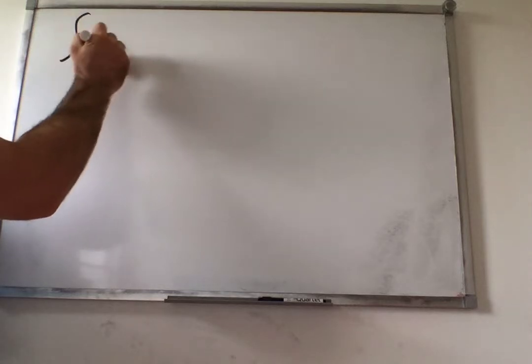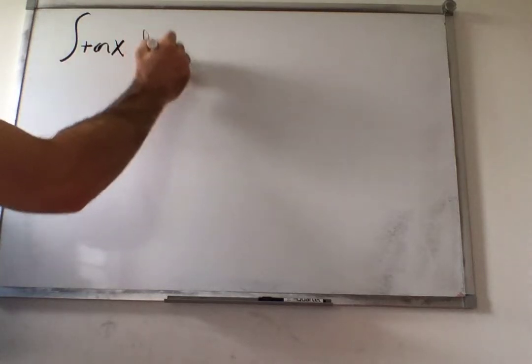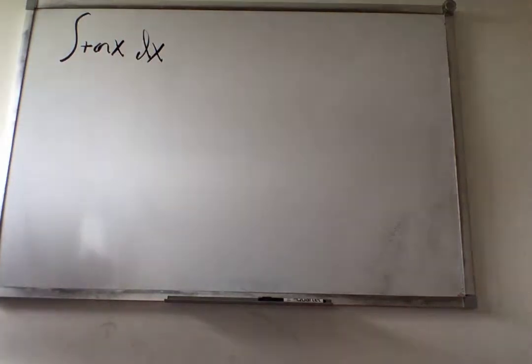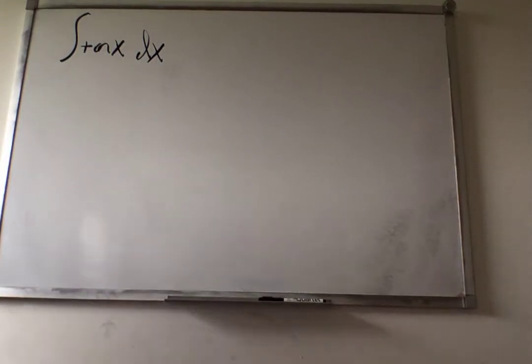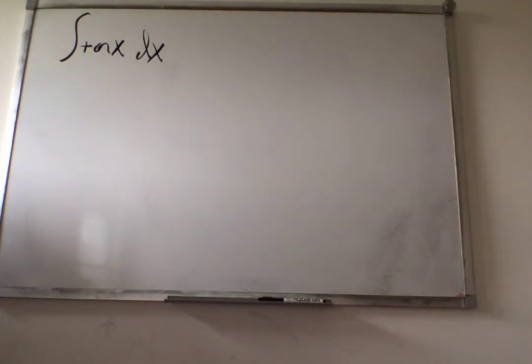What about the integral of tangent x dx? We know what the integral of secant squared is. It's tangent x. We know the integral of secant tangent. It's secant of x. But we don't have an integral of tangent.